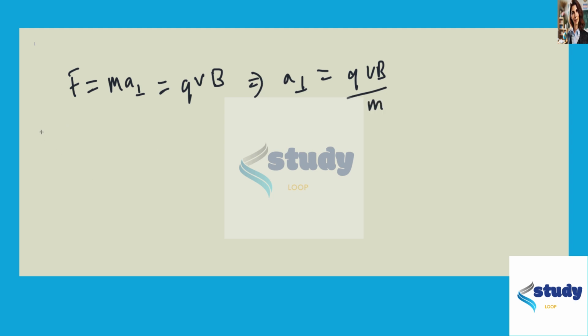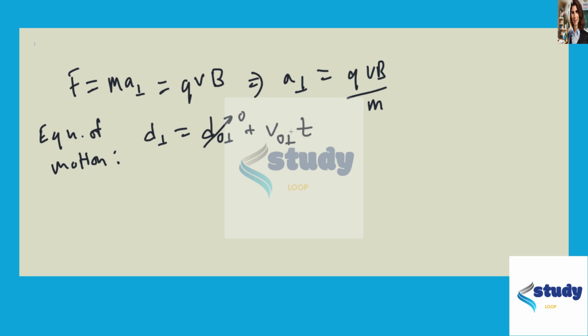So now we use an equation of motion, if you'll remember one of those things. We're going to use distance, d perpendicular, this is the deflection distance we want to find, which will be equal to the initial perpendicular distance, which will be 0, plus the initial velocity in the perpendicular direction, v naught perpendicular, times t, and that will be 0, plus 1/2 a perpendicular times t squared.